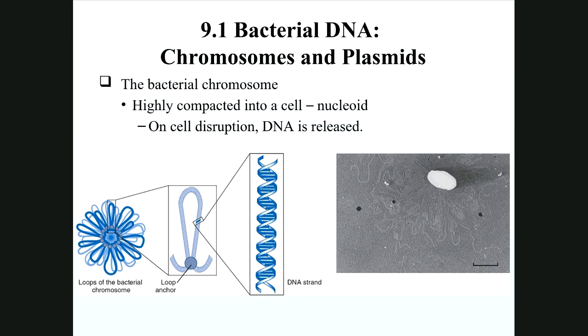Okay, so bacterial DNA, there are two types. So we're focusing on bacteria pretty much this whole section because bacteria have special genetics that are really interesting and unique. So anyway, bacteria have both chromosomes and plasmids, although only the main chromosome is the essential piece.